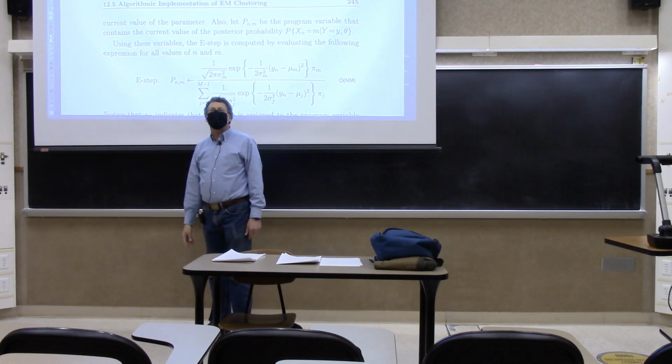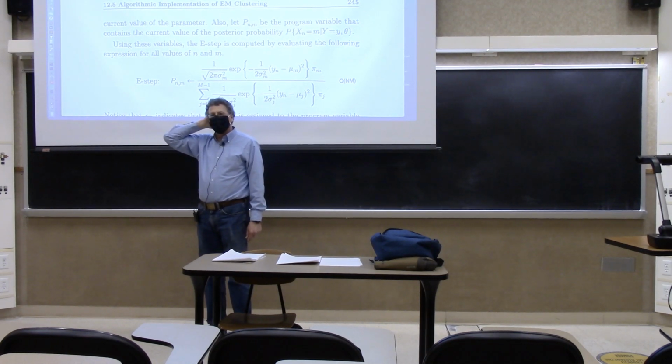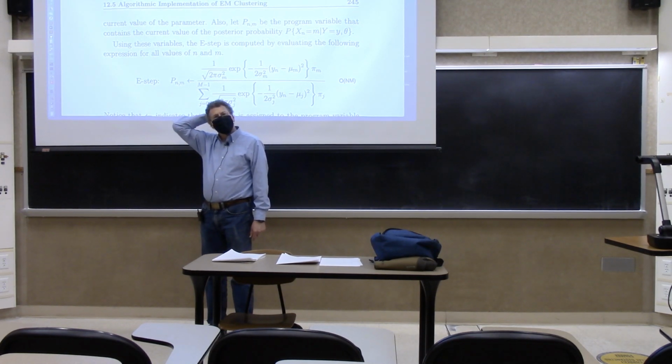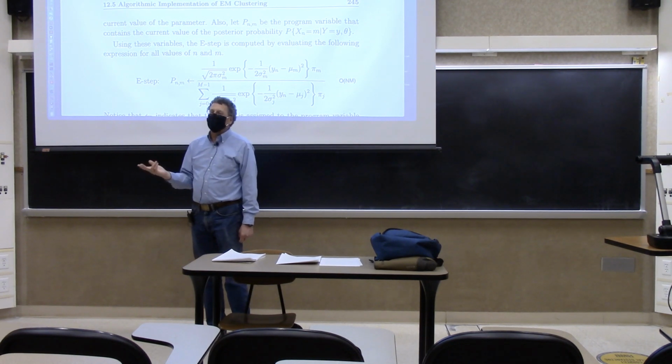In this day and age of deep neural networks, I think maybe that's easier for people to understand, because deep neural networks very commonly generate these softmax outputs, they call them. I'm not sure it's the greatest name, but that's what they call them.